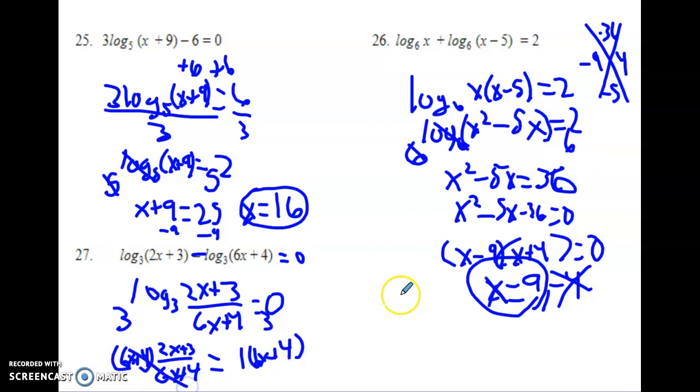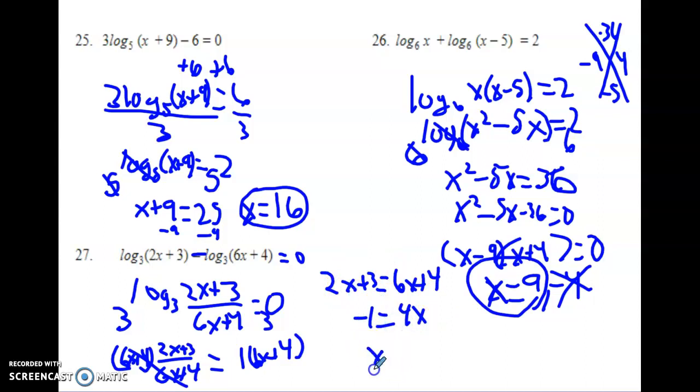These cancel out over here, and I end up with 2x plus 3 equals 6x plus 4. Now it looks like a common equation that you've been solving for many years. Minus a 2 from each side, you get 4x. Minus a 4 from each side, you get negative 1.